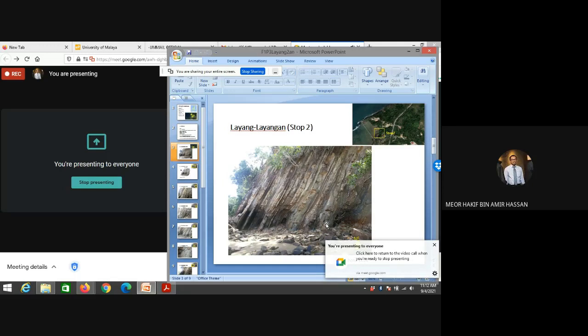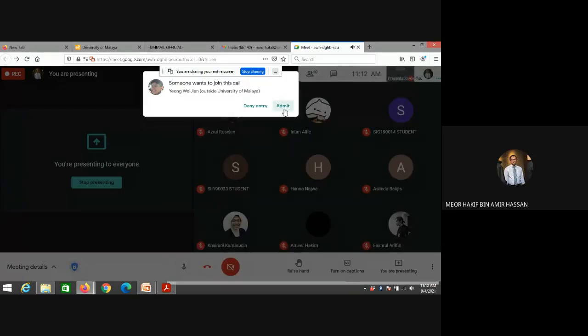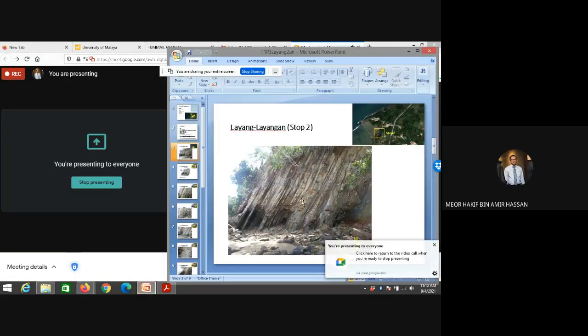So you mentioned there's thicker beds and there's thinner beds and there's also interbedded layers, kan? Interbedded. Alright. Anybody want to add anything else?